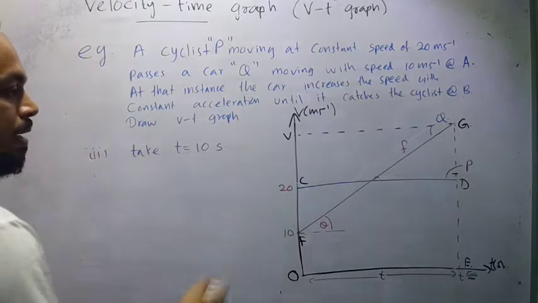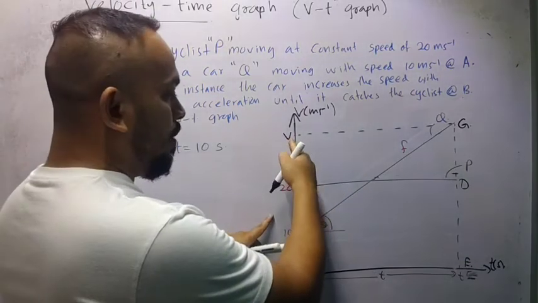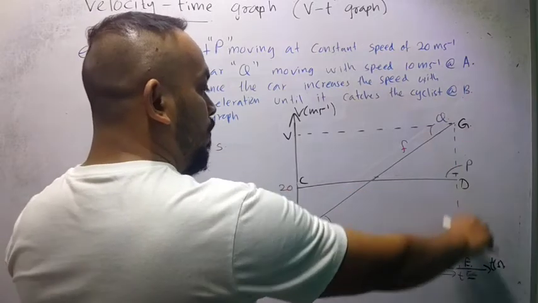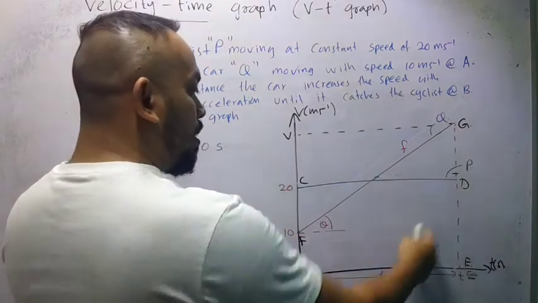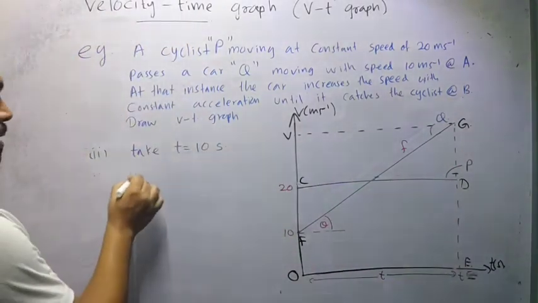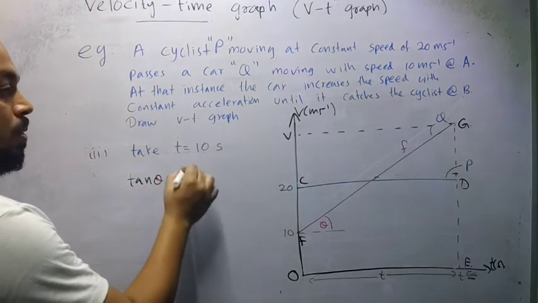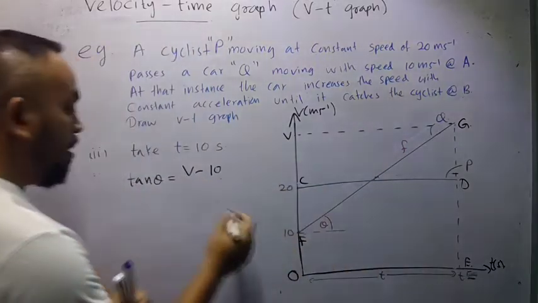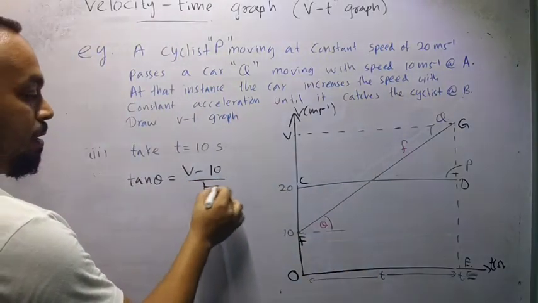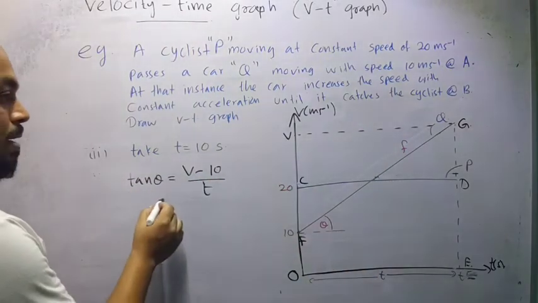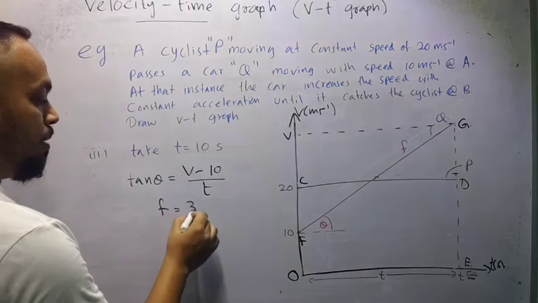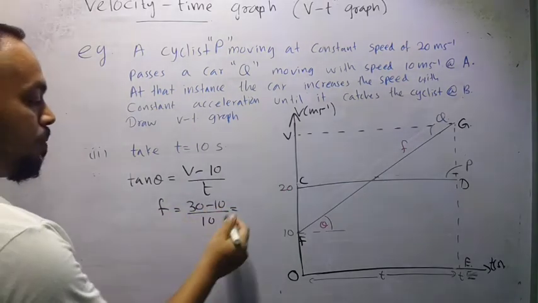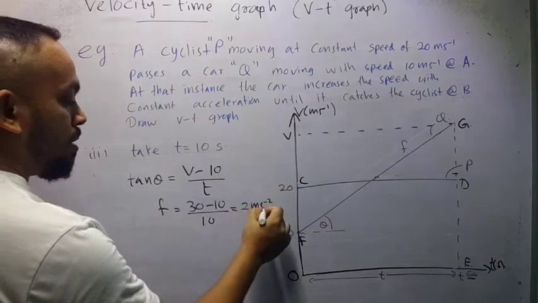We know V and we know T. The velocity difference we know and the time length we know, so tan theta equals (V minus 10) divided by T. Tan theta is actually F, the acceleration. We measured 30 minus 10, so 20 divided by 10 is 2 meters per second squared.